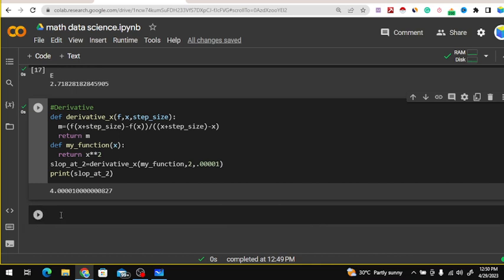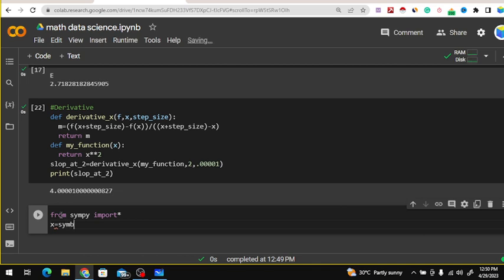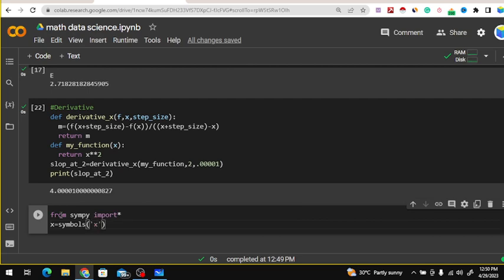So from SymPy import, just as I have already discussed here, and x should be equal to symbols, and it should be x, and now it declares x to SymPy, and now we just use Python syntax to declare a function.